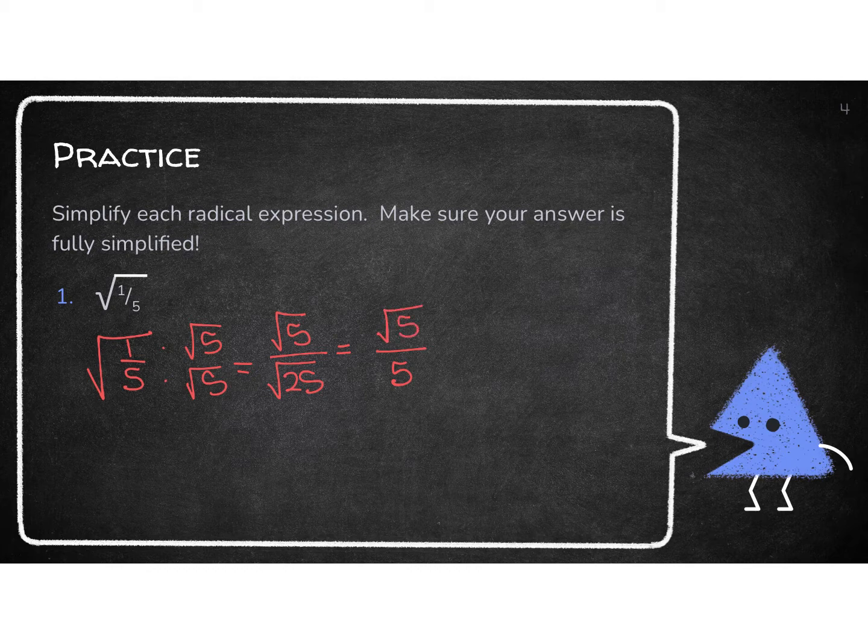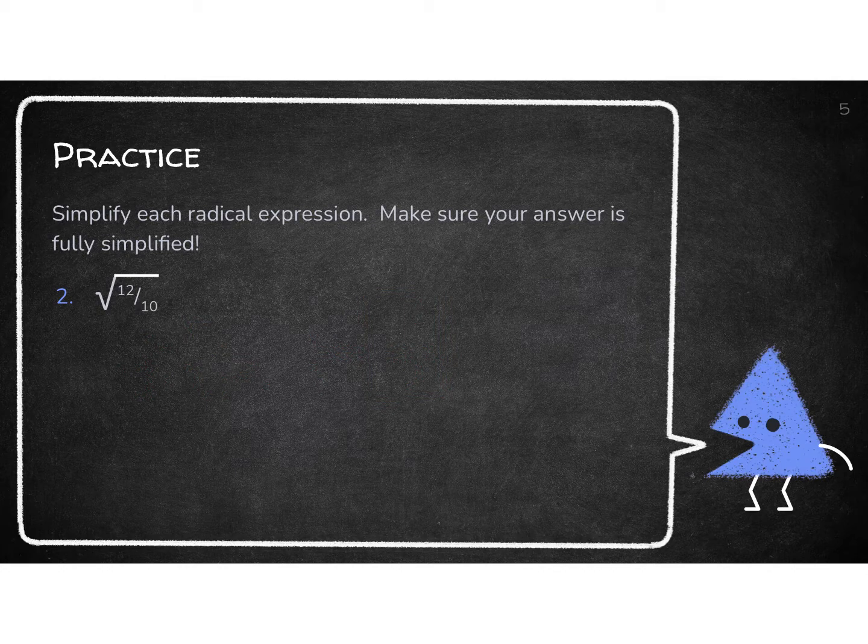There's no nice perfect square that goes into it, so that's just going to stay the same, and then you're going to be done. The last step is always trying to figure out if you can simplify a fraction. Right now this is saying 1 over 5. You don't ever want to look at the radical when you simplify the fractions at the end. 1 over 5, I can't simplify at all, so I know that that's simplified as far down as it can go.